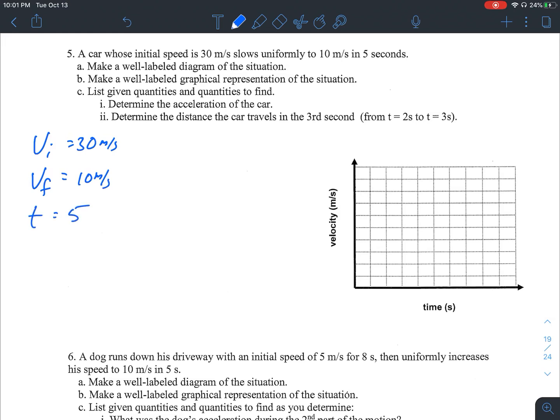This is another problem that may be a little bit easier to jump into the graph because we know that we're going 30 to 10 and we have the specific timing. So we're going to go 10, 20, 30 in 5 seconds. 1, 2. And we can go from here to 20, or sorry, 10.